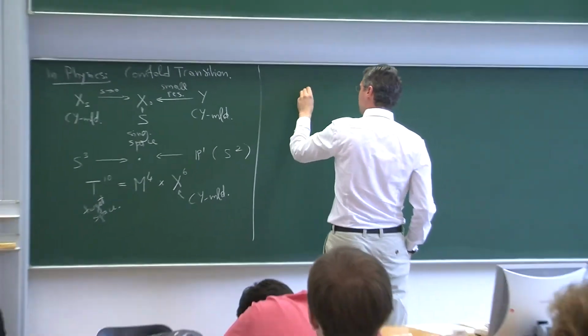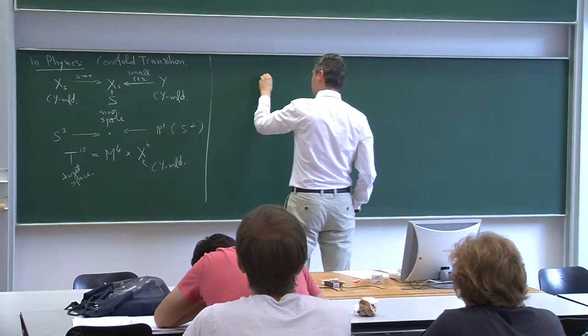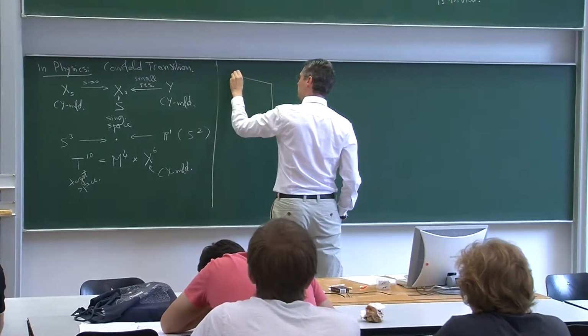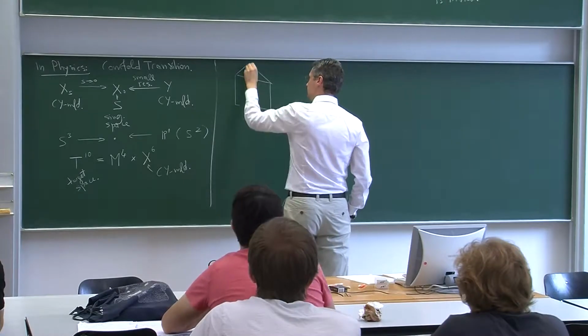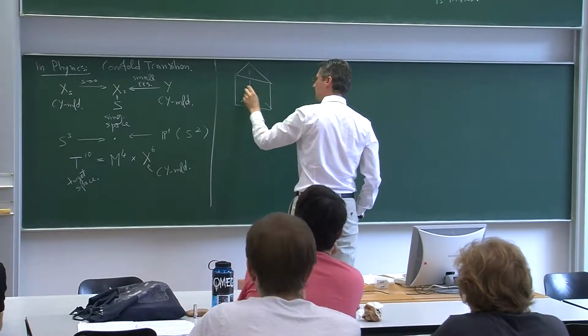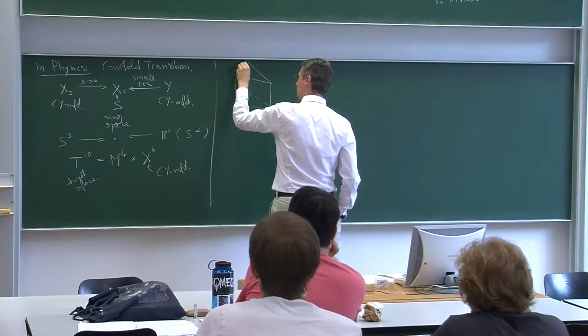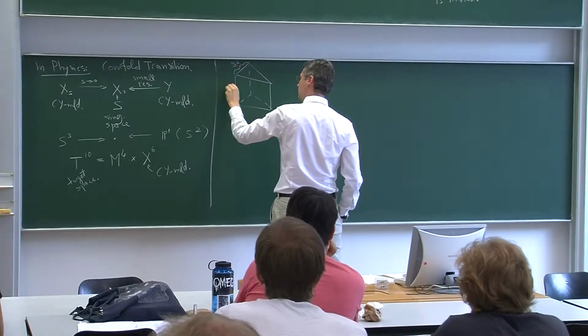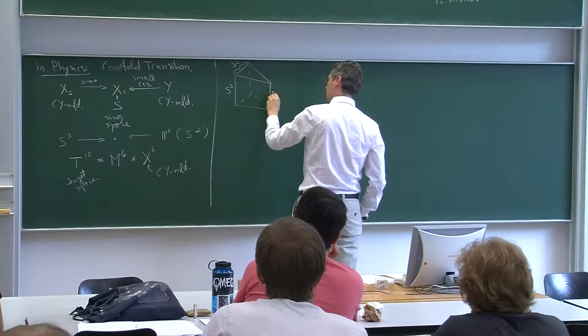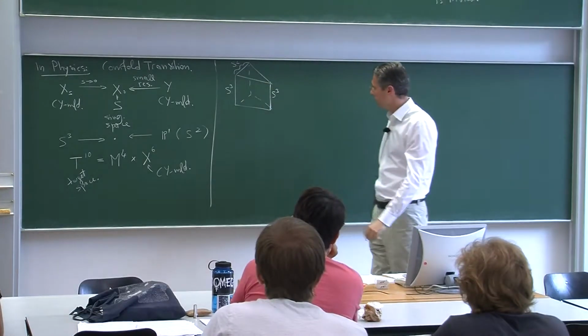So you can also think of what happens in the neighborhood here. As I said, 3-spheres collapse. So a good picture to draw is this one. I always like to draw this picture where you imagine that this is S2 and this is S3. And here is an S3 embedded with trivial normal bundle.